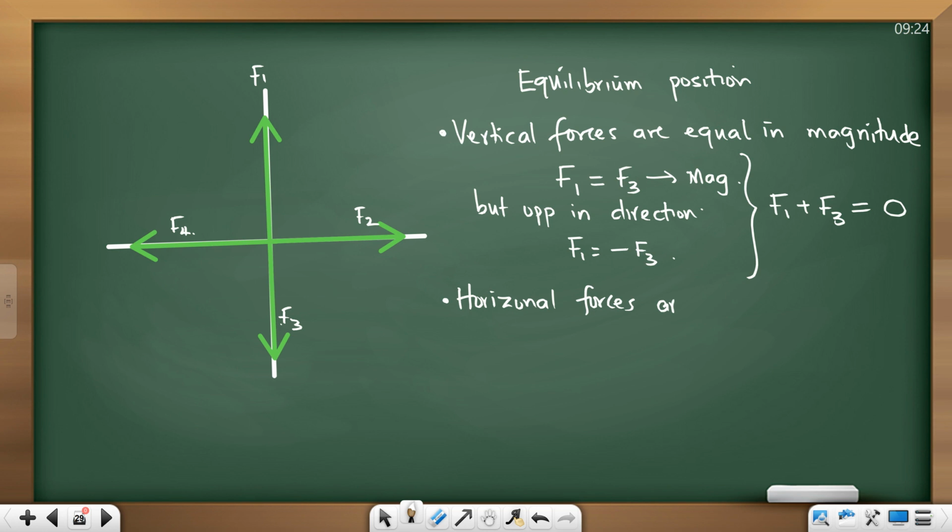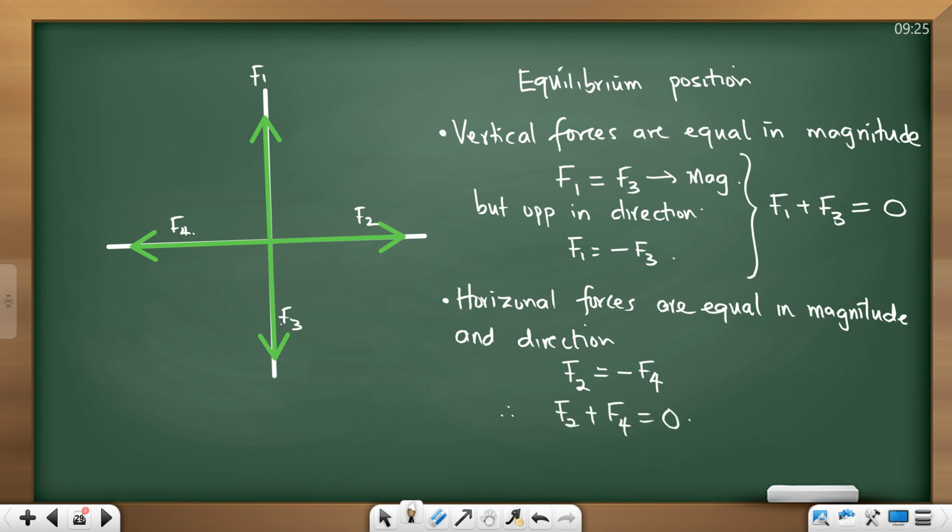Horizontal forces are equal in magnitude and opposite in direction. Let's just combine this one this time around. Right? So we're saying F2 is equal to negative F4, such that F2 plus F4 is equal to 0.